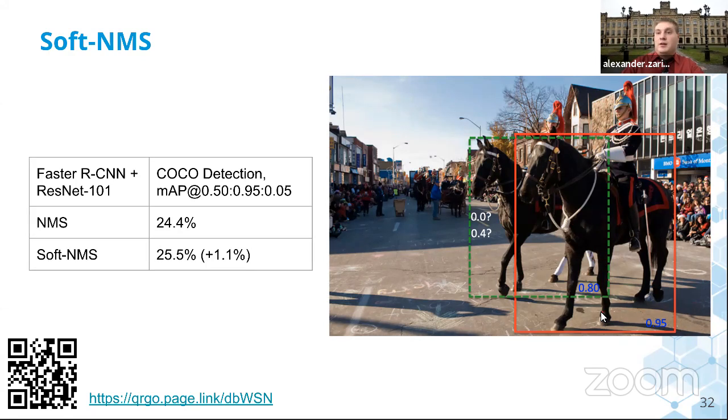So literally, by changing one line of code in NMS, we can improve results on the COCO dataset by 1% without any overhead during the inference phase.